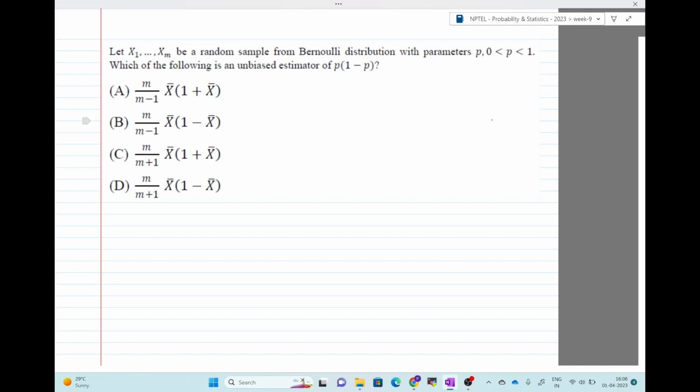The options are given in terms of x bar, the sample mean.